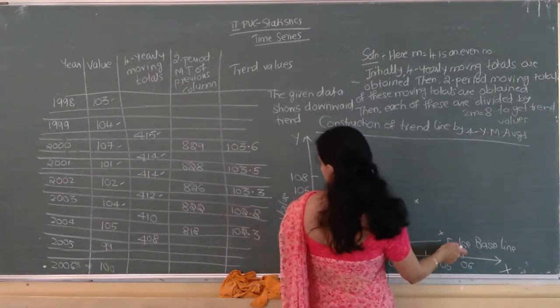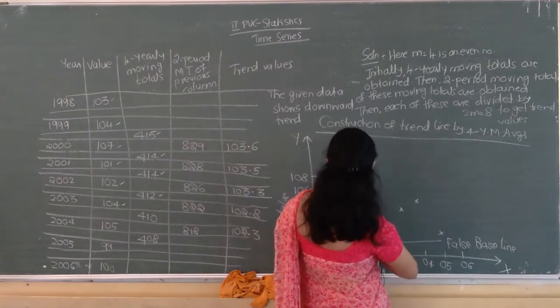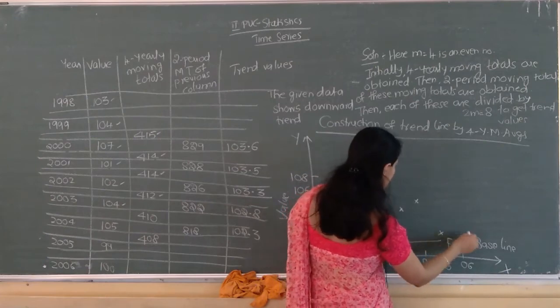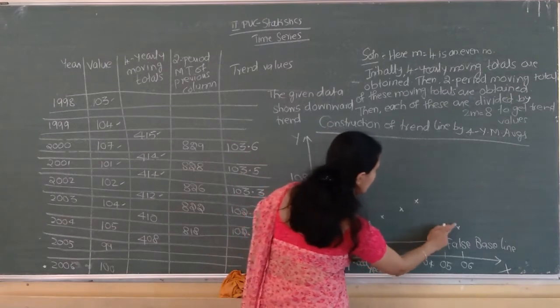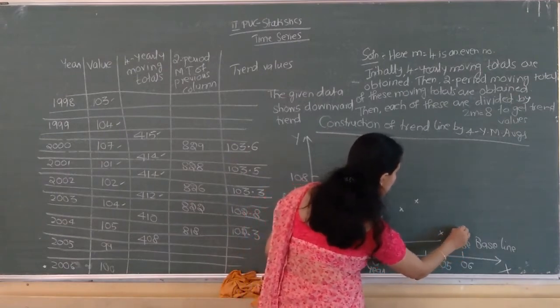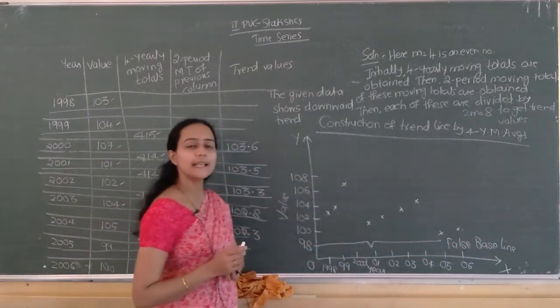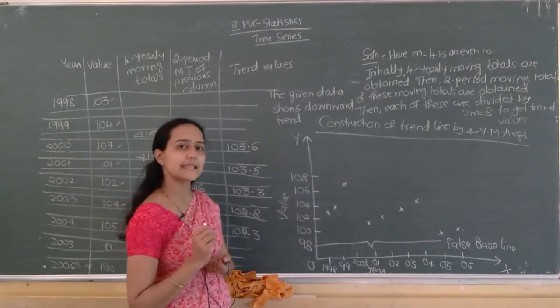Last, 2006 is 100, a bit up, right? Okay, draw these points using a scale.